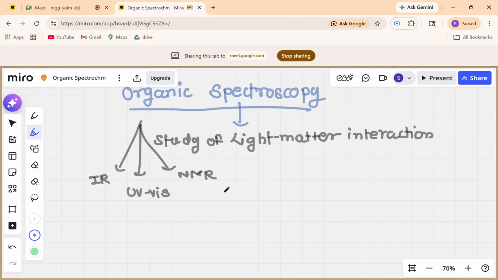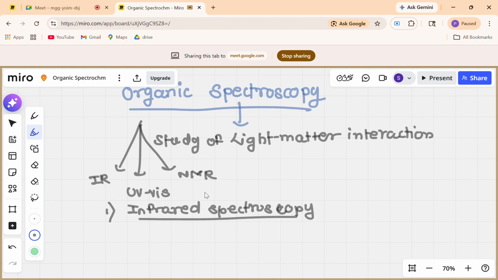Okay, so first we are going to see infrared spectroscopy. When we talk about infrared spectroscopy, it's also known as vibrational spectroscopy. Okay.